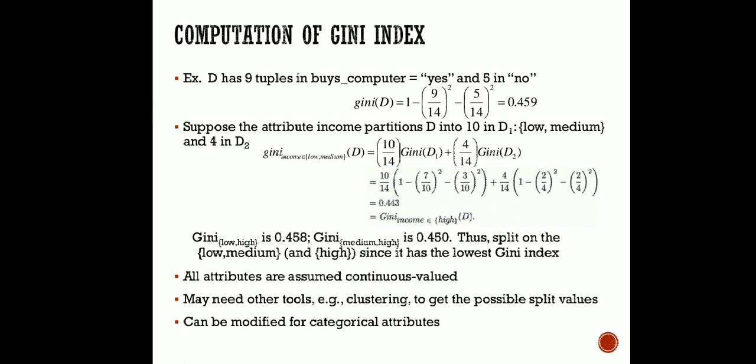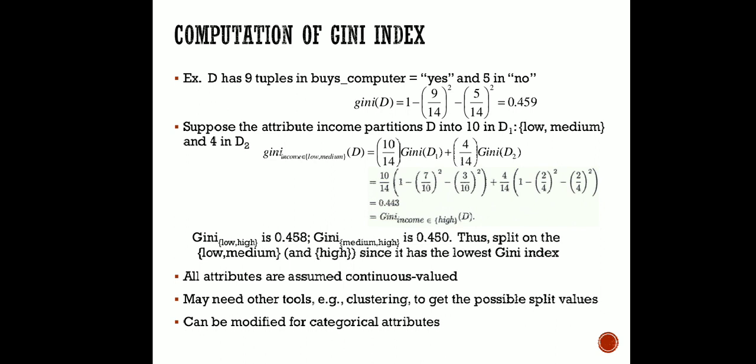Here we have a total of 14 tuples in the example of buying a computer. 9 tuples say buying a computer is yes, and 5 say no. So if we have to find the Gini of the total D number of values, it will be like this: 1 minus, and just remember that we are focusing on the relative frequency.